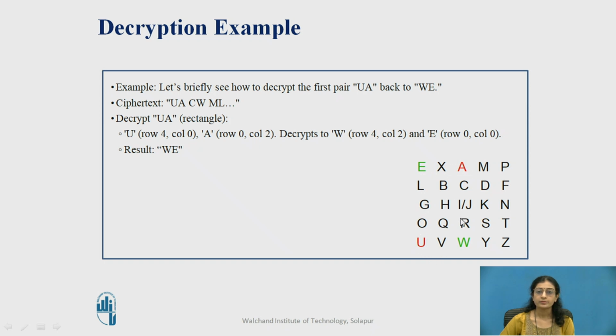So they form this rectangle, and we have to substitute these letters with the opposite corner letters. So U is replaced by W and A is replaced by E. So we get the result WE, which is the first two letters of our plain text.